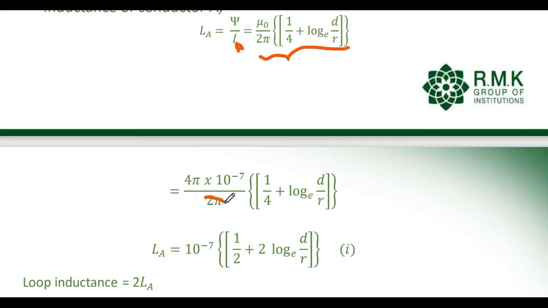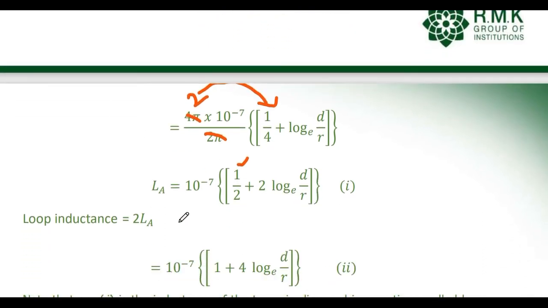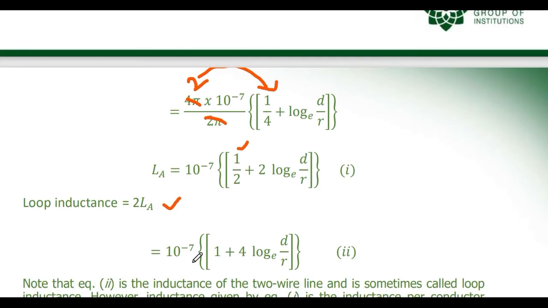So the 2 pi and this 4 pi get cancelled, and we get 2 into 10 power minus 7. If you take 2 inside, we get 1 by 2 plus 2 ln of D by R. So LA is equal to 10 to the power minus 7 times (1 by 2 plus 2 ln of D by R). I already told you loop inductance is equal to 2 LA. So again 2 is to be multiplied inside the above equation. What you get is 1 plus 4 ln of D by R.